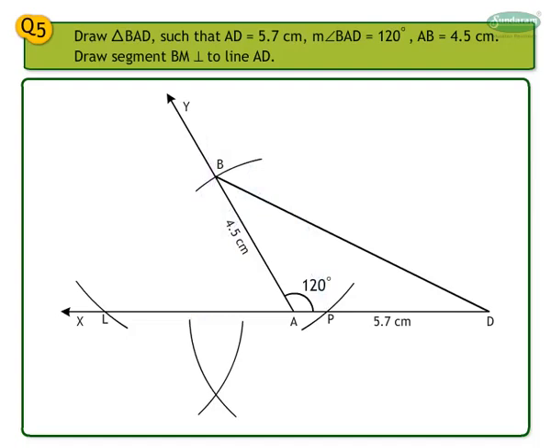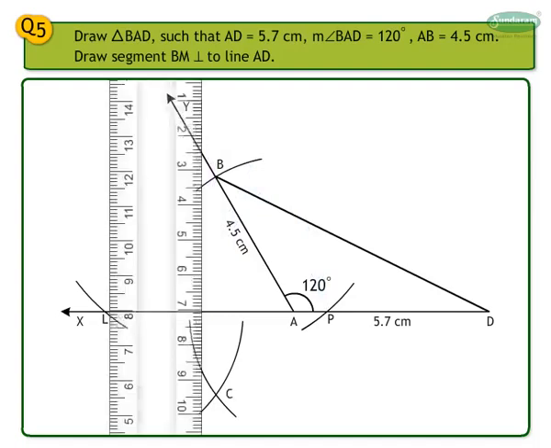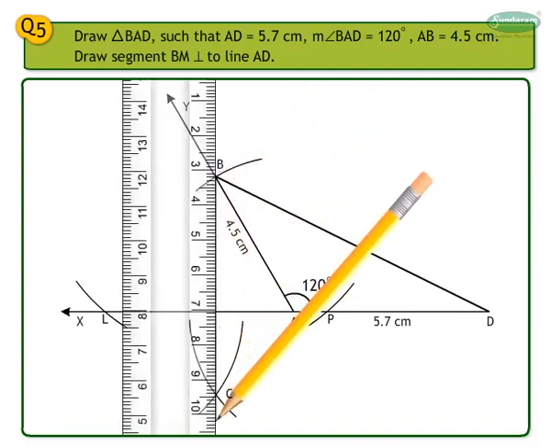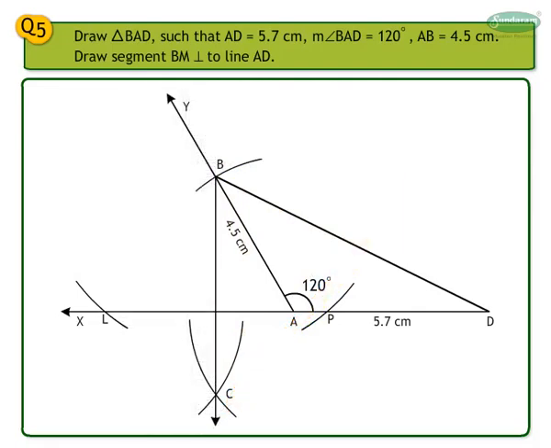Make this point of intersection of arcs as C. Draw ray BC intersecting XD at point M. We can see that ray BM is perpendicular to line XD, that is, line AD.